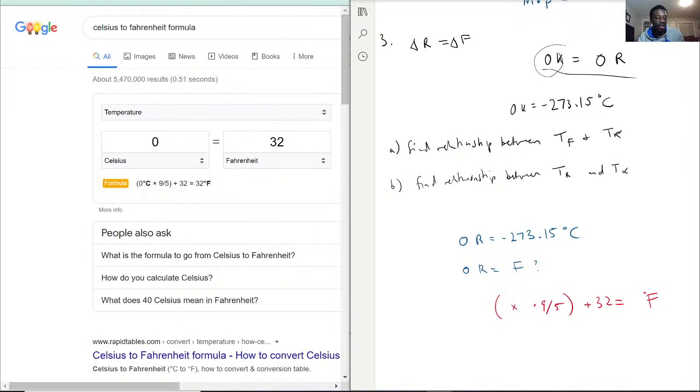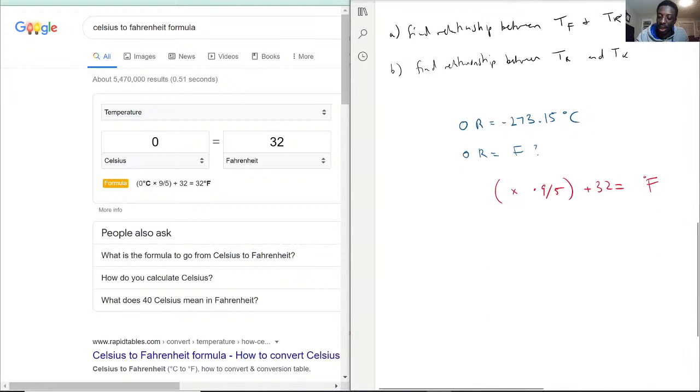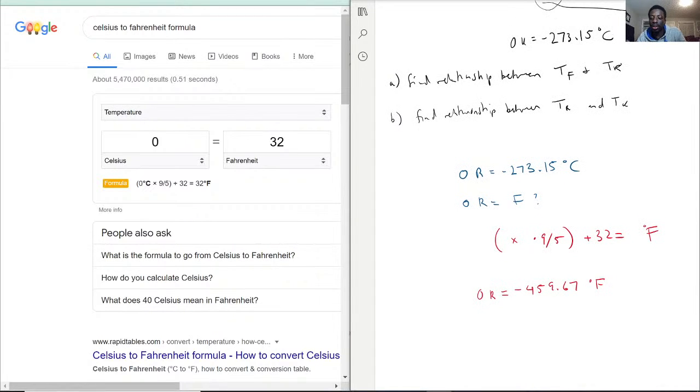So we're going to get negative 273.15 times 9/5 plus 32. So in this case, 0 Rankine is equal to negative 459.67 degrees Fahrenheit.